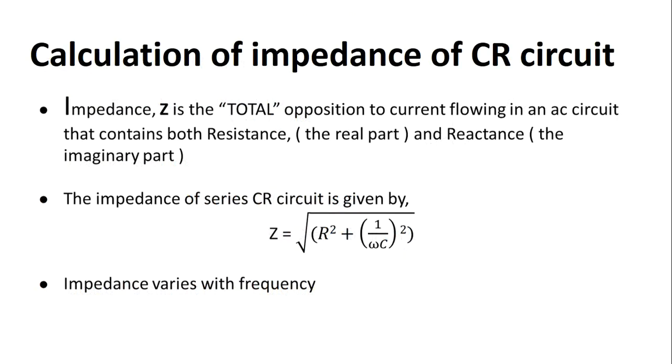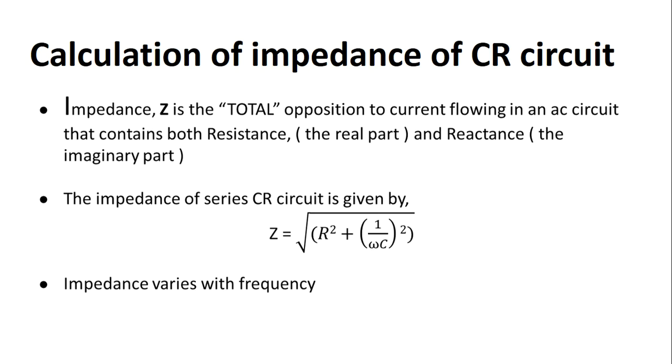Now, we shall move on to the calculation of impedance of the CR circuit. As we defined impedance in our earlier sessions, impedance is the total opposition to the current flowing in an AC circuit that contains both resistance and reactance.